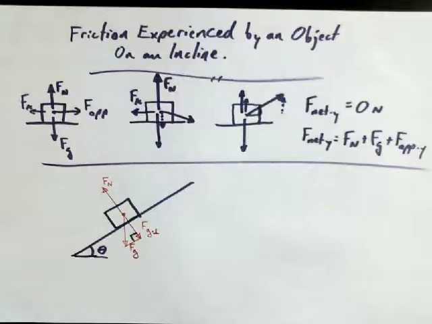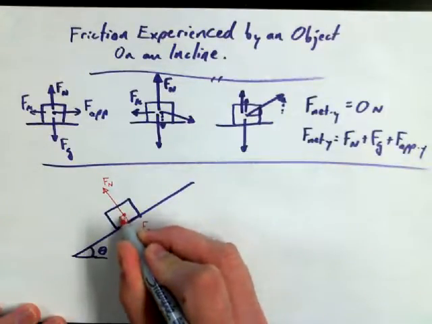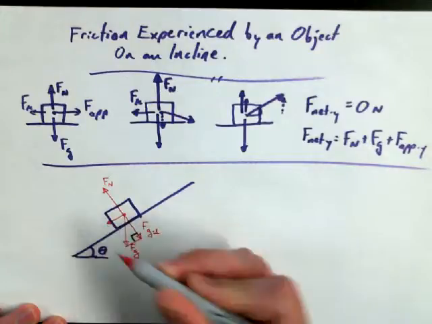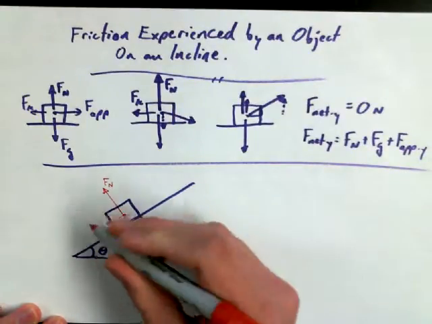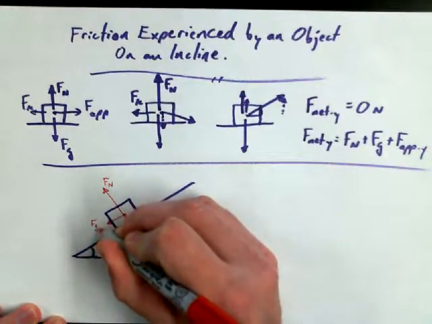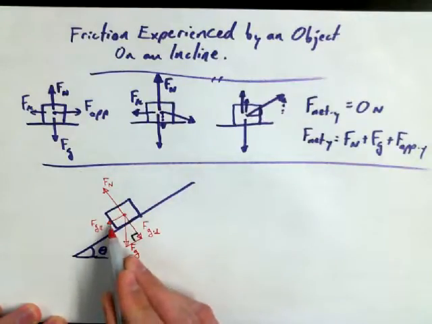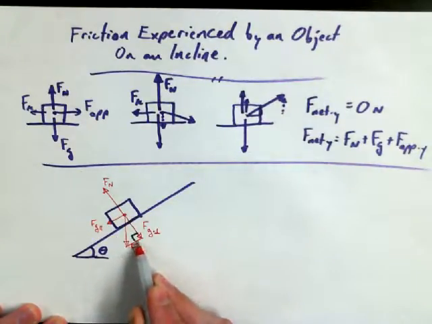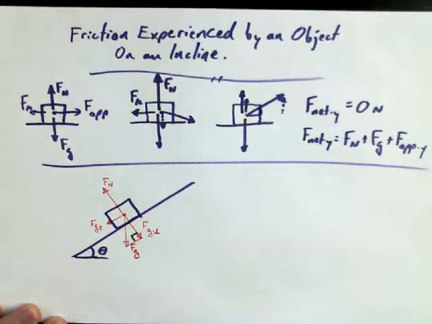Now, if there's a force due to gravity that's perpendicular, there's probably a force due to gravity component that's parallel to the surface as well. So I'm going to throw it on there right now, just because I can. And you can see that force due to gravity parallel is really going to be the same length as this side of the triangle. I'm just going to draw it as acting outwards from the center of the mass.